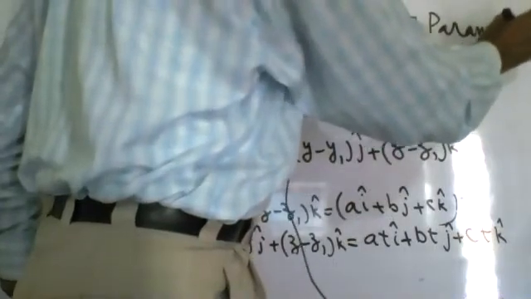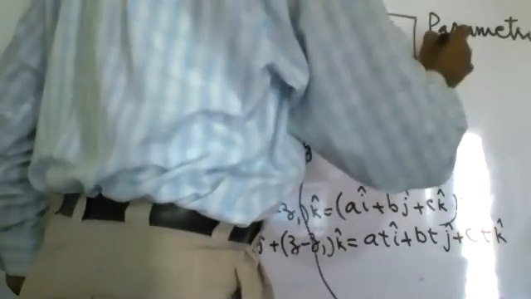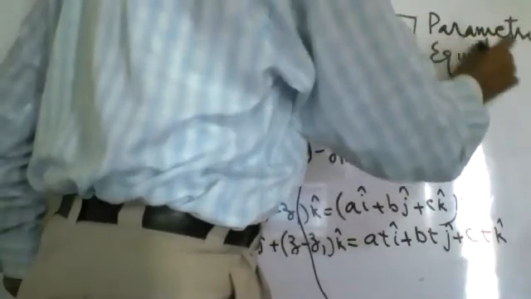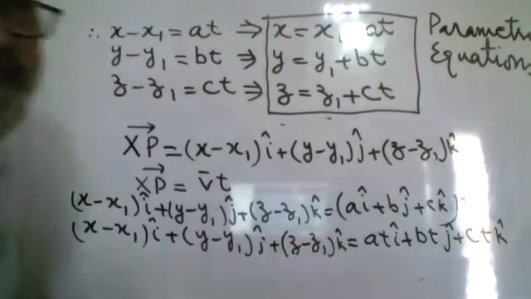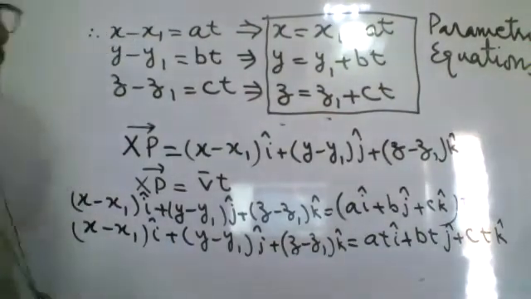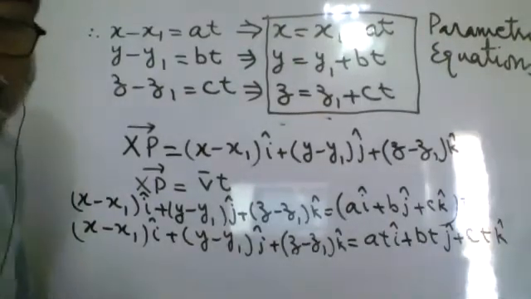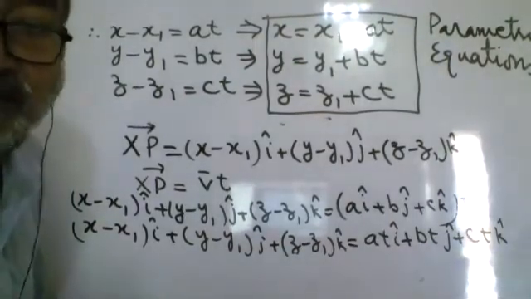These are the parametric equations of the straight line.